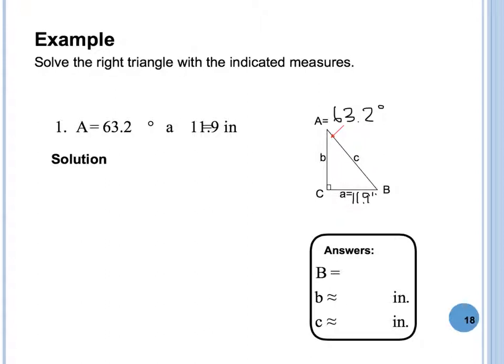And we know we have a right angle at angle C, so we need to find the missing pieces. Well, finding our angle B is going to be the easiest. 180 minus 90 minus 63.2 equals angle B. So 90 minus 63.2, angle B is 26.8.